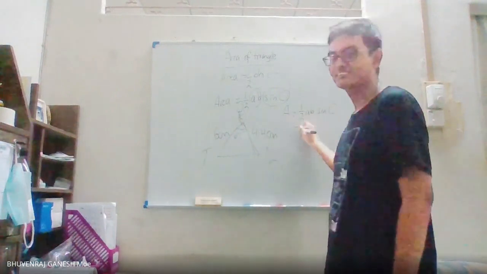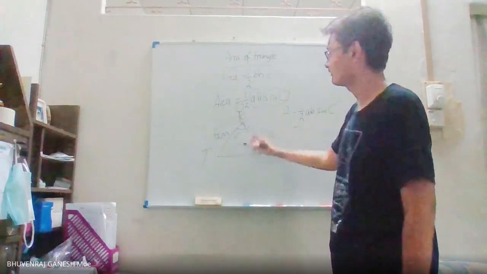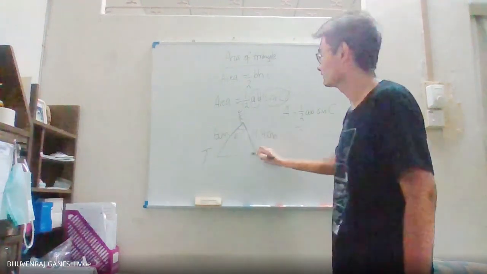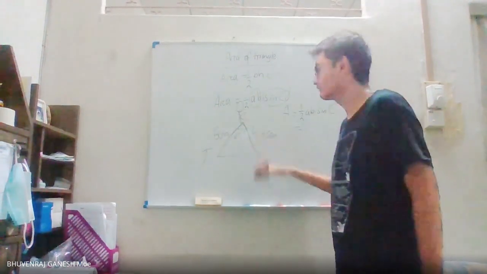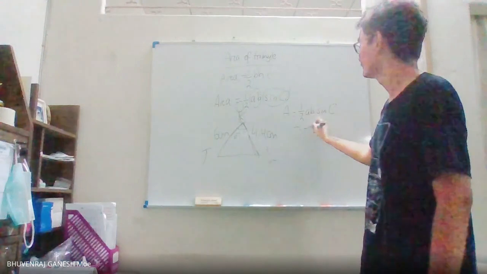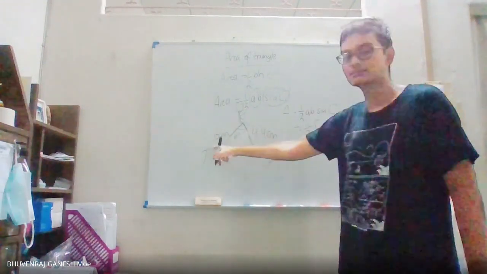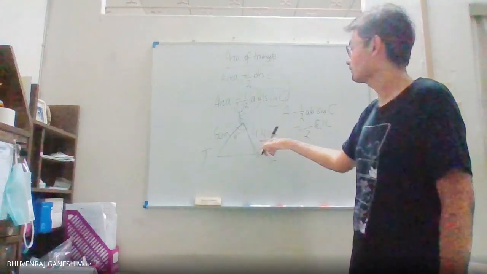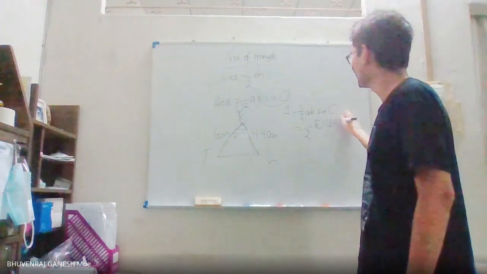So how do you find this one? Basically the concept is like this. The stickman, you put where the angle is. You see where I do the stickman in the diagram, on top of the angle there. Then you see the two legs of the triangle, left and right. You take A, A is 6, isn't it? I gave you that. Means B also, I gave you 4.4. Then what's the angle I gave you?